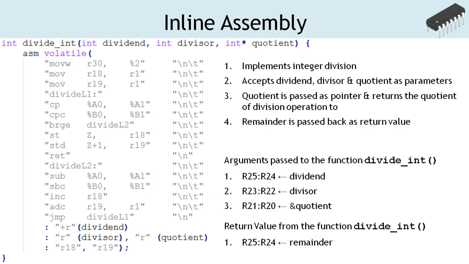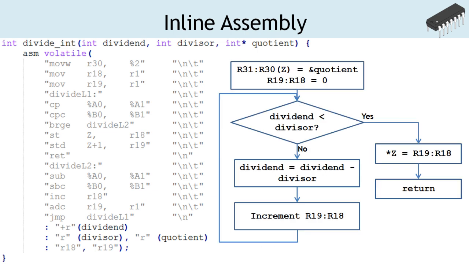The flowchart describes the logic of the division using successive subtraction. The quotient is stored via the register Z as it is an integer pointer. The register pair R19 and R18 is assigned the value 0, which stores the quotient of the division. The instructions CP and CPC compare the dividend and the divisor.